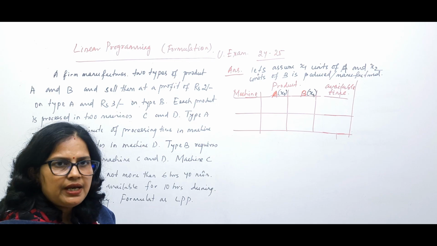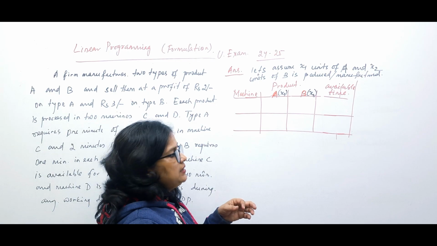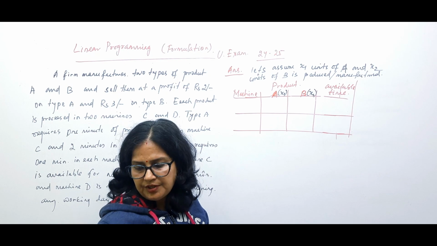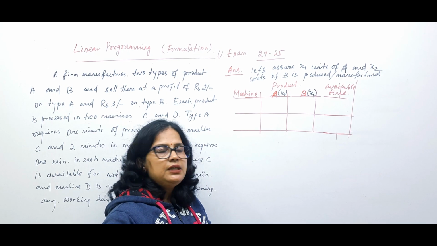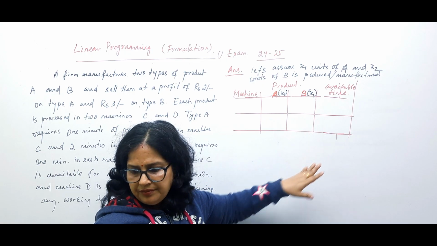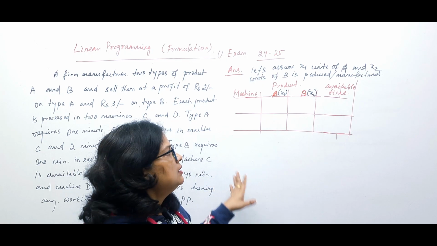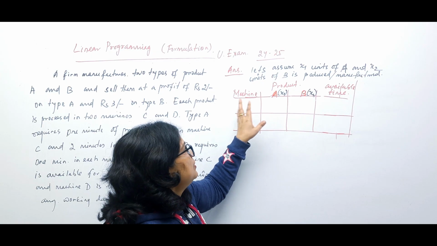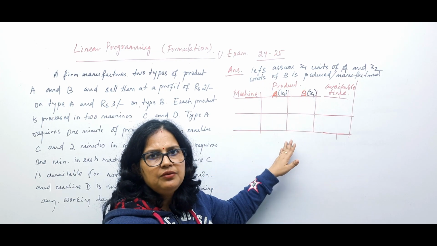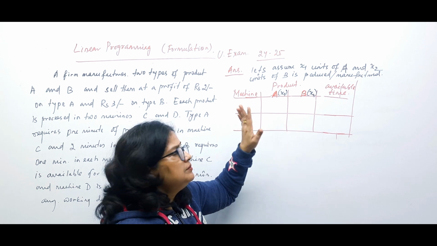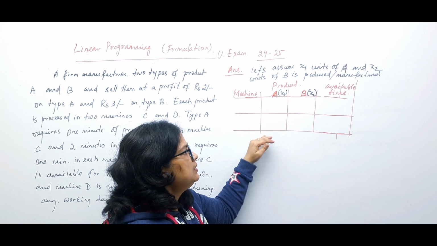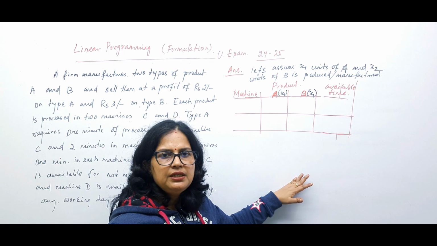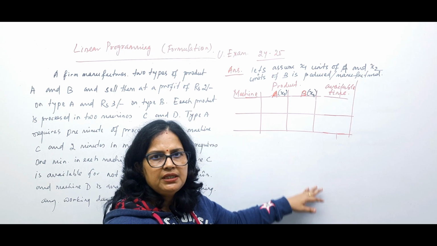So always try to make the linear programming formulation problem into a table form, because it helps you understand it well. You can then easily write the constraints and the mathematical model.